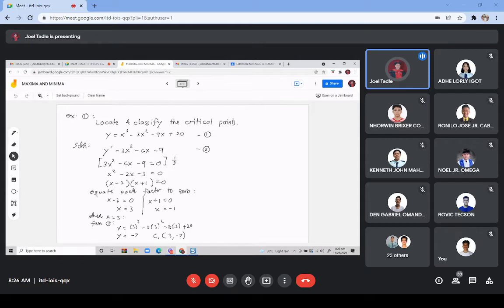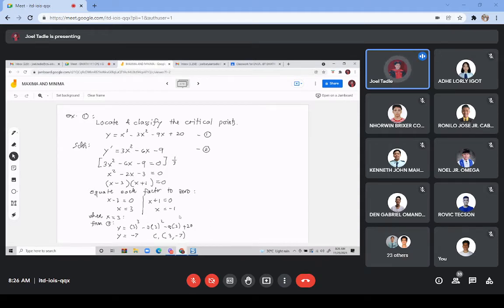Nya wala pa ta kahibalo kung unsa ni siya nga point. Maximum ba ni siya or minimum? Ato na siyang i-classify man, no? So ato na siyang ma-classify kung maka-determine na ta sa second derivative. So at least nakahibalo na ta nga ang critical point number 1 is at point 3, negative 7.